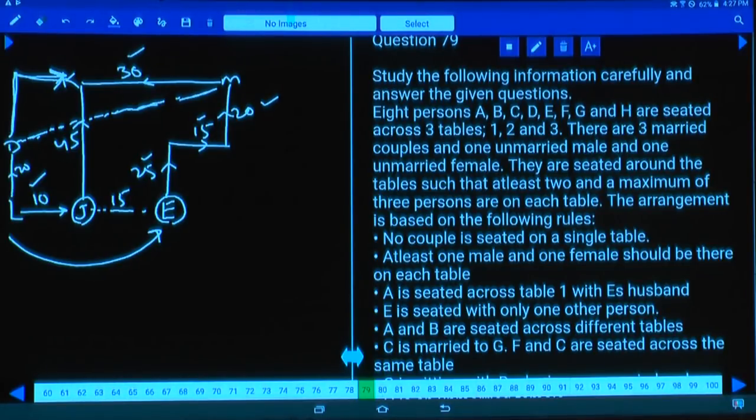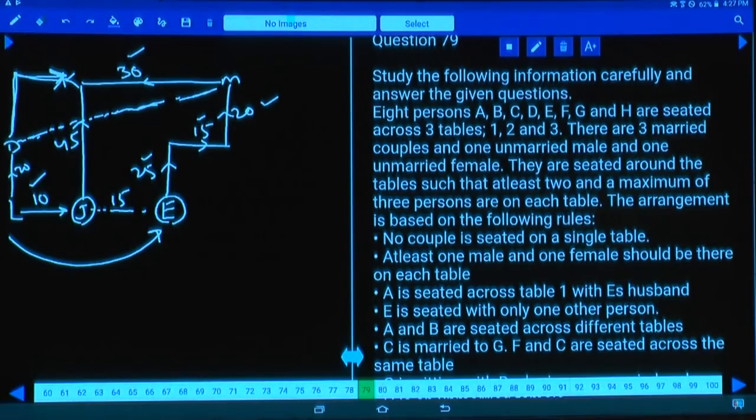There are 3 married couples among these 8 persons, which implies that 6 persons are married and 2 are unmarried: 1 unmarried male and 1 unmarried female. Hence in total how many males and females do we have? 4 males and 4 females. 3 married couples means 3 males and 3 females, plus 1 unmarried male and 1 unmarried female. Hence in total 8 persons, 4 males and 4 females.